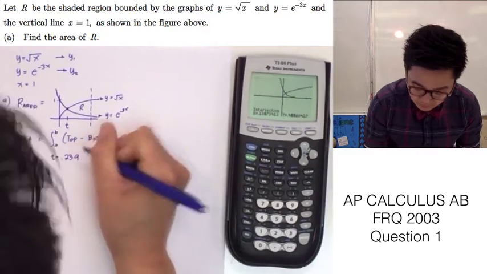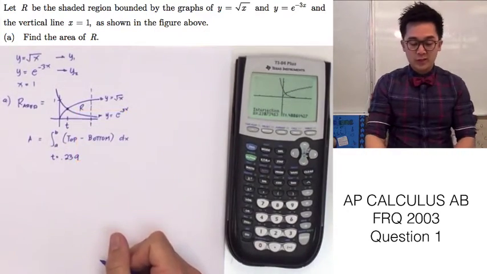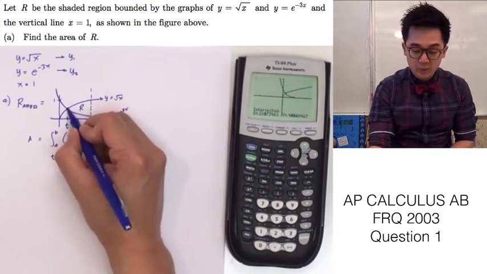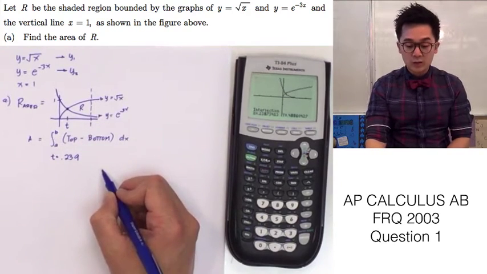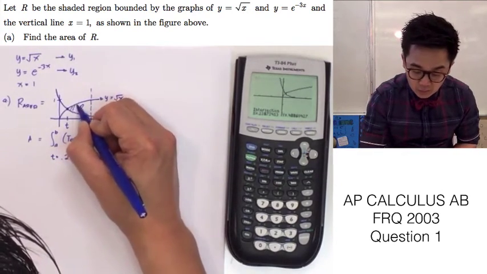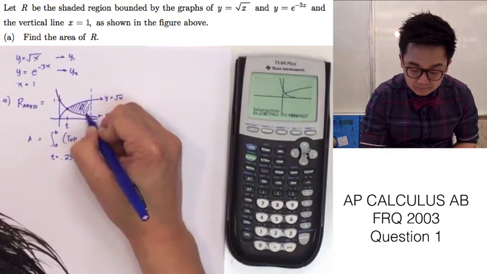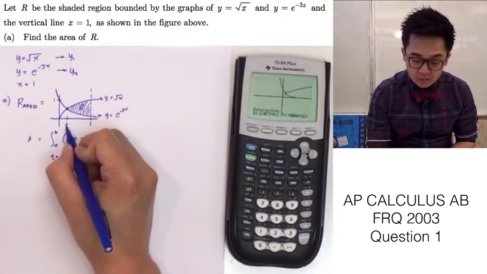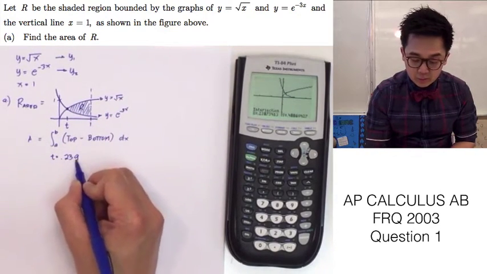Let's round it up to 0.239. This is the value of the point of intersection of our functions. So now we know that we're going to integrate this function from t to 1, which is 0.239.